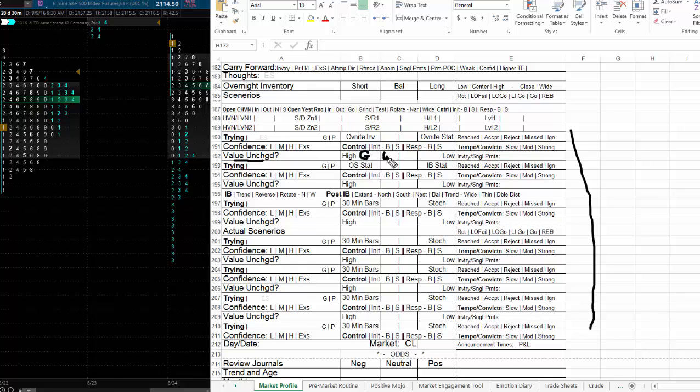So it may be a good high in that it left excess, but it may be a weak high because it hit a reference at an exact point. The low, same thing. Inventory, are we getting long? Are we getting short? Do we have single prints going on? Are there any targets there?